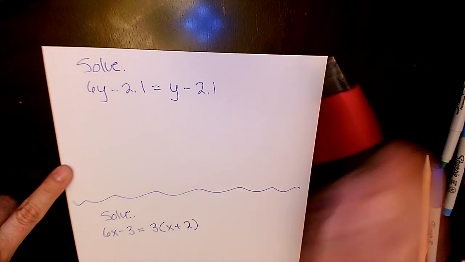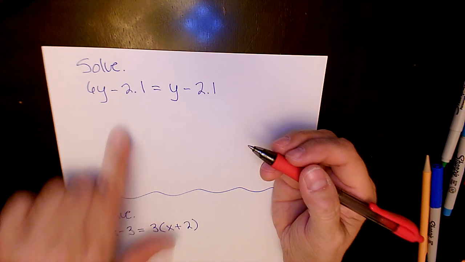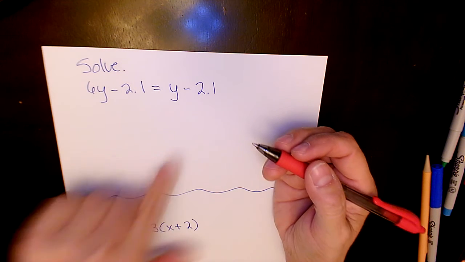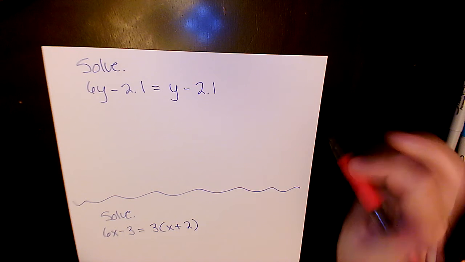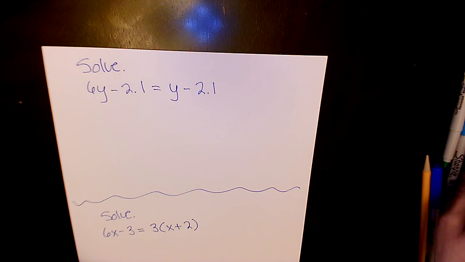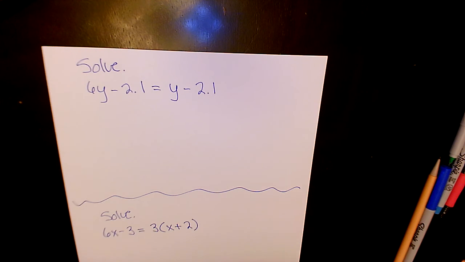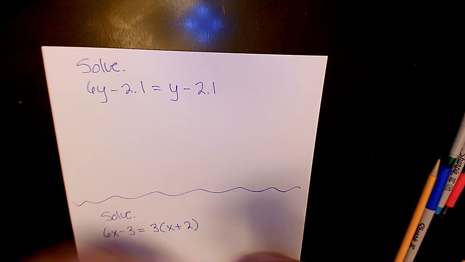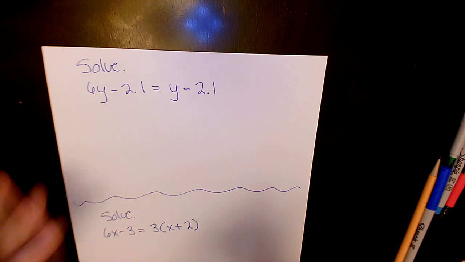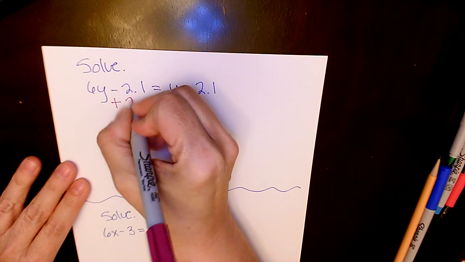So I'm going to start over here and here, and I've got a minus 2.1 and a minus 2.1. What's the opposite of subtracting 2.1? Adding 2.1.